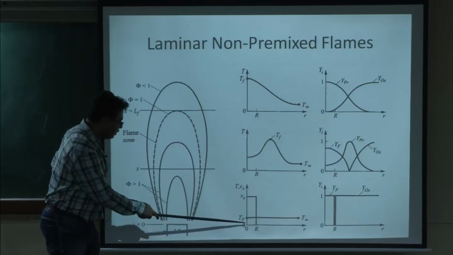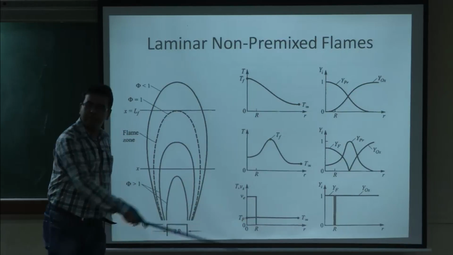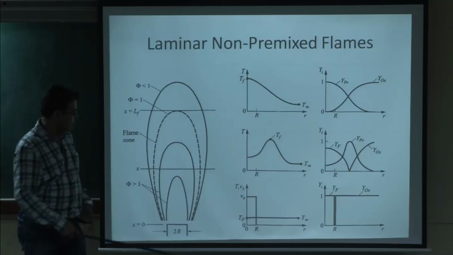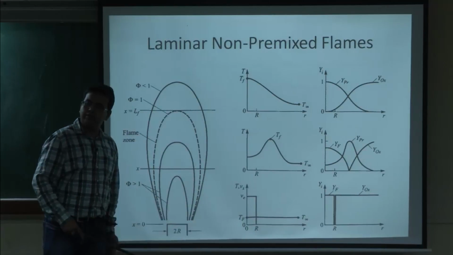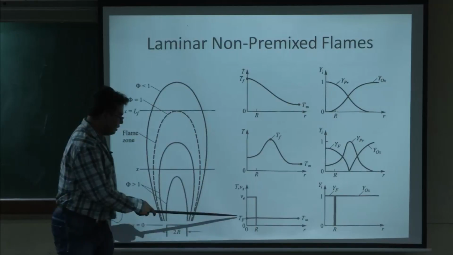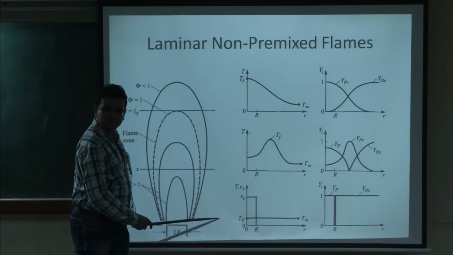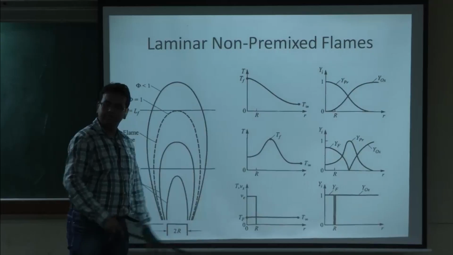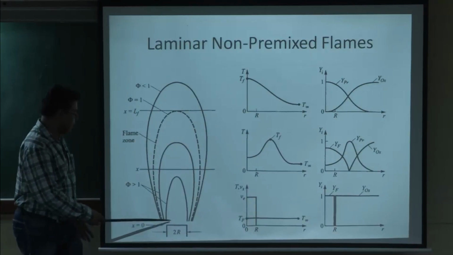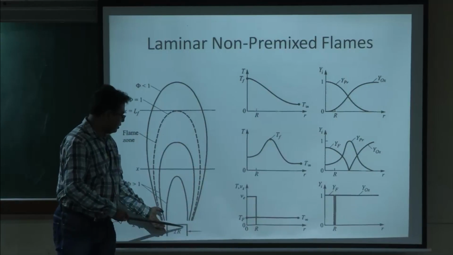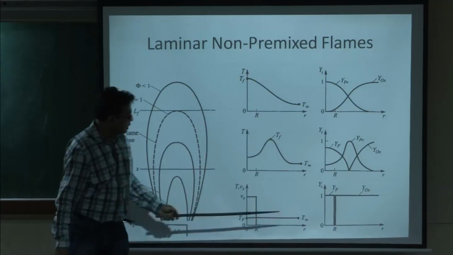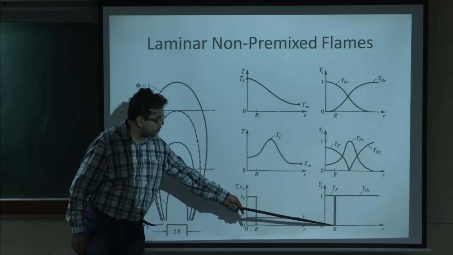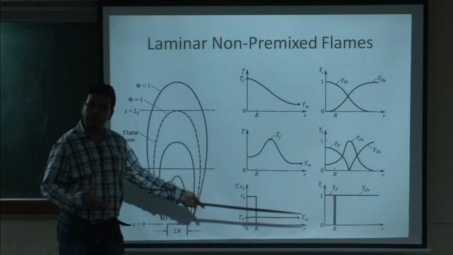So, at the exit of the jet, you see again the top hat kind of profile for the velocity, and the temperature of the jet and the surrounding fluid may be the same. So, Tf is equal to T infinity. T infinity is the temperature far from the jet, okay, and Tf is probably the temperature at the jet exit, okay. So, similarly you can plot the species concentrations or species mass fractions.